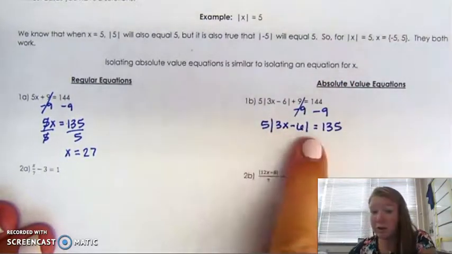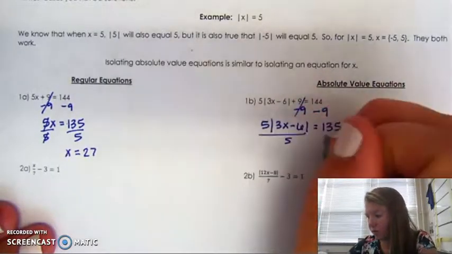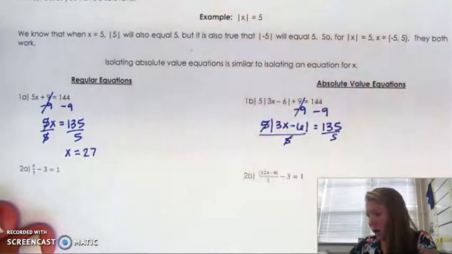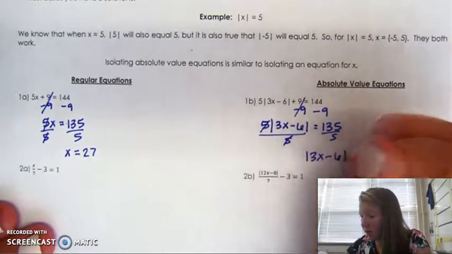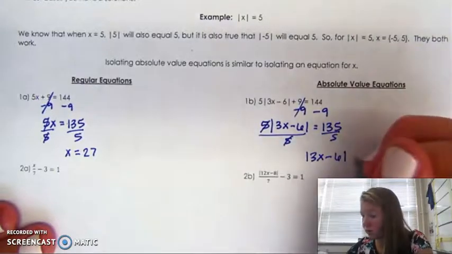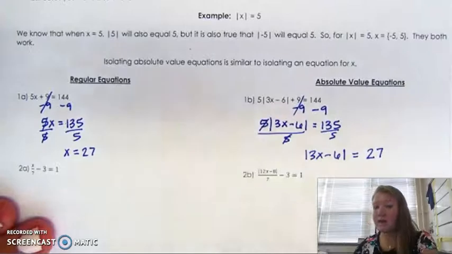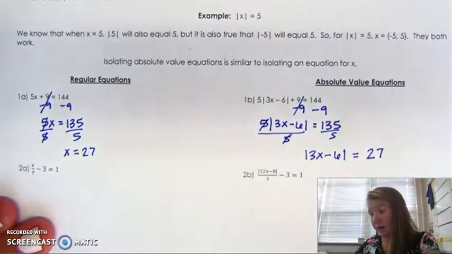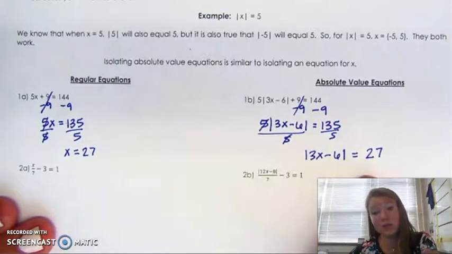Now to get the bars by themselves, I need to divide by 5, both sides. The opposite operation of multiplication. Left with 3x minus 6 in bars equals 27. Now this is not solved for x, but from this point we can now solve the absolute value equation in steps that I will show you in just a minute.